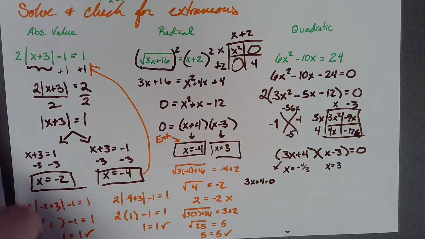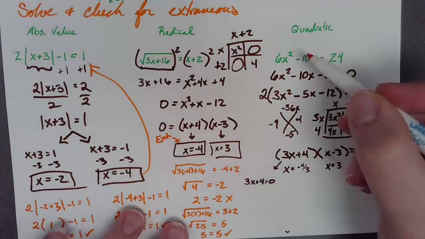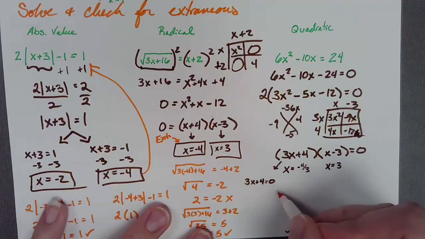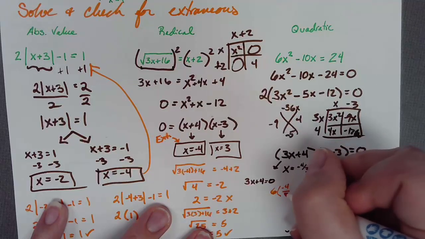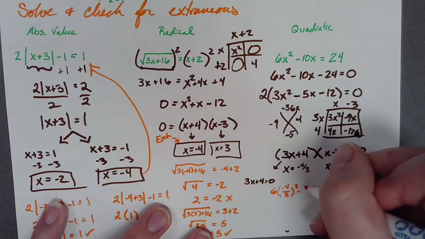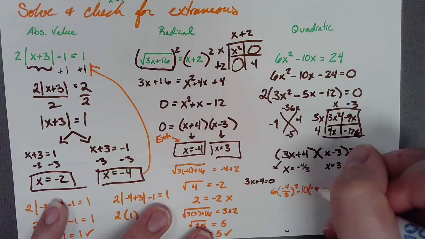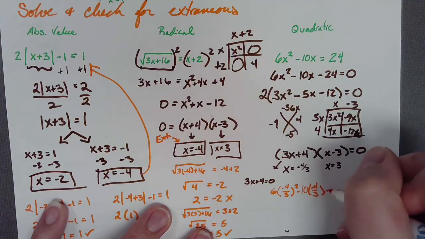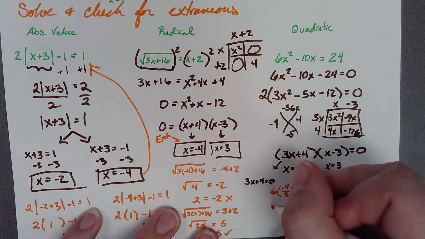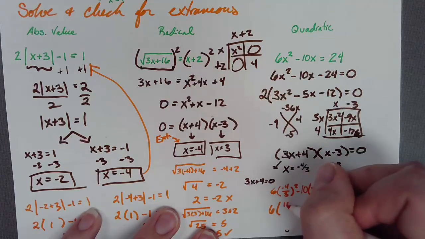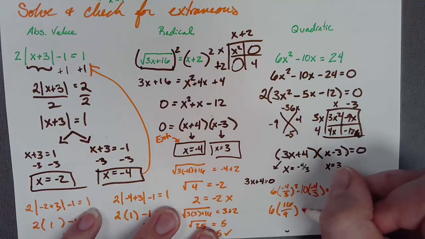Now that I got my two solutions, I have to check and make sure they actually do work when I plug them back in. So if I plug into my equation, negative 4 over 3 squared would be 6 times 16 over 9.